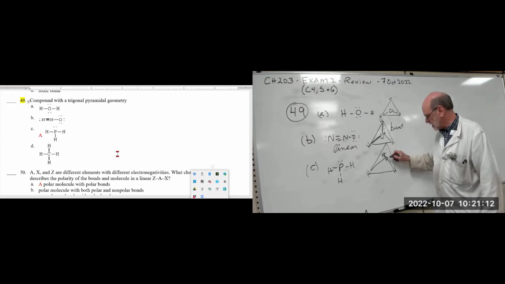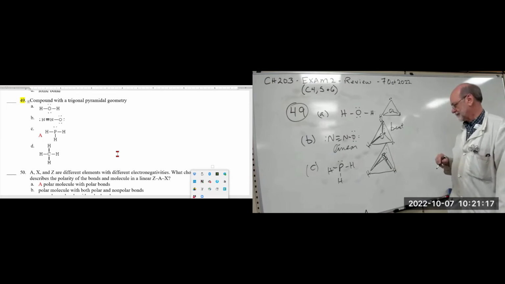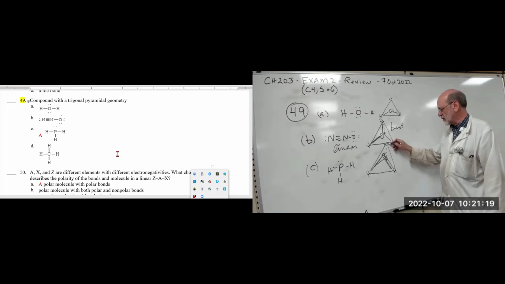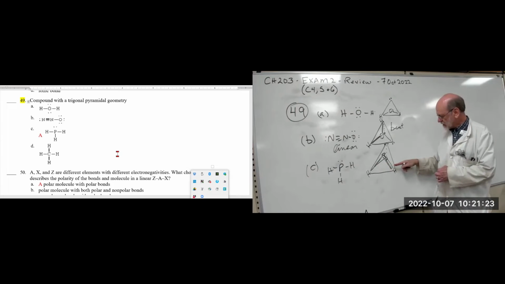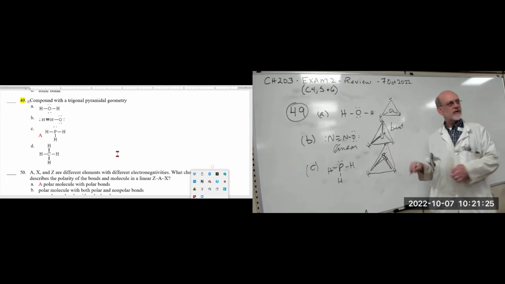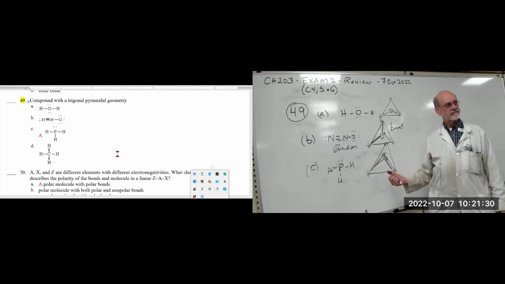So the bond is here, here, and here. And the lone pairs are up here. So now what you have is a triangular base with a pyramid. That's your trigonal pyramid.